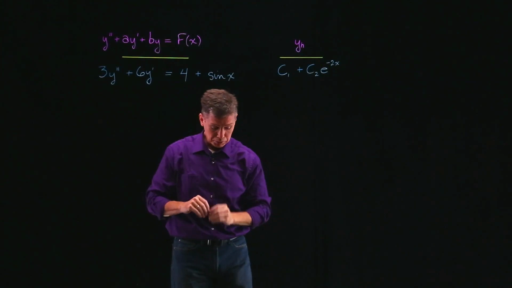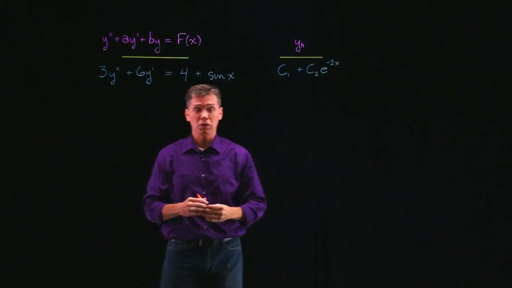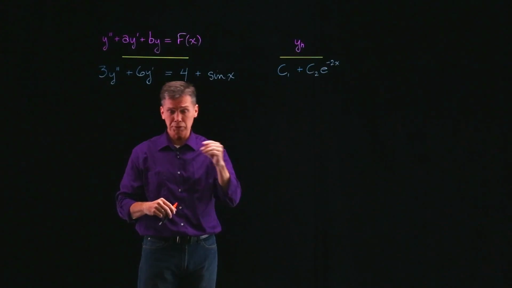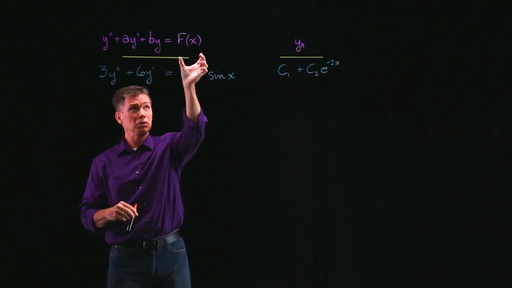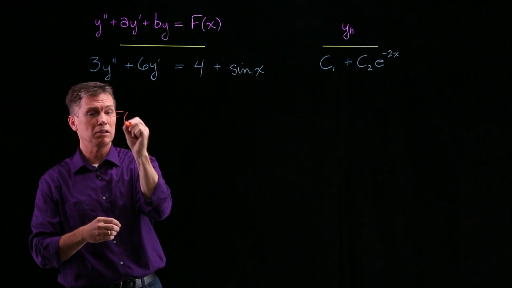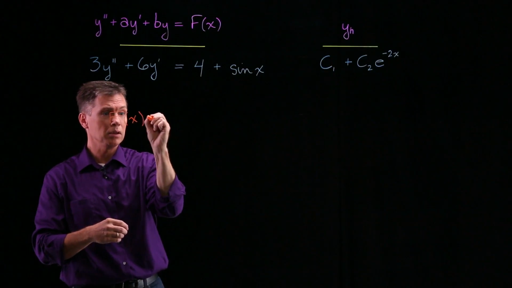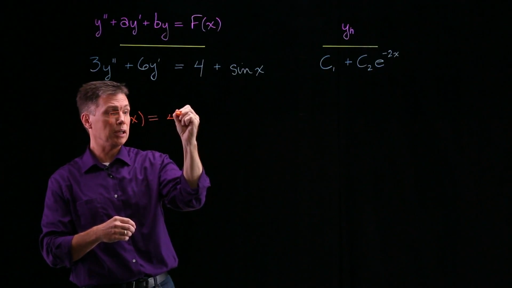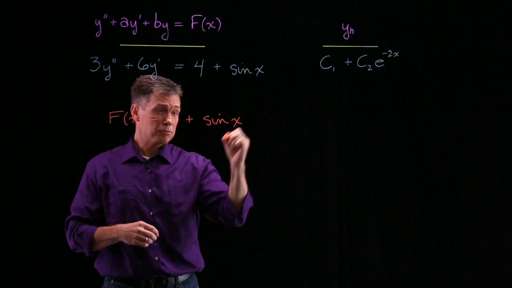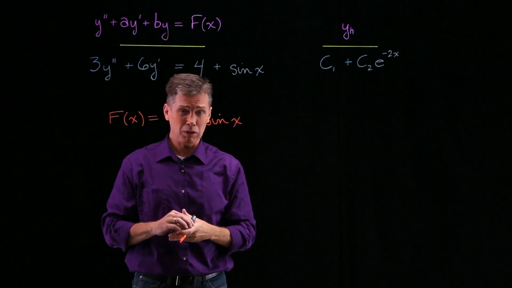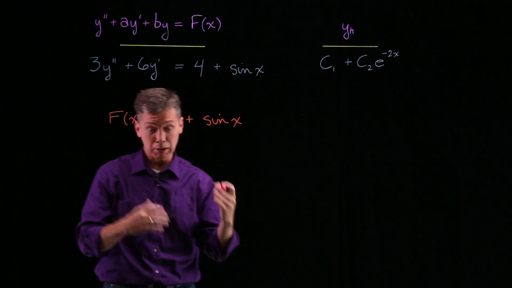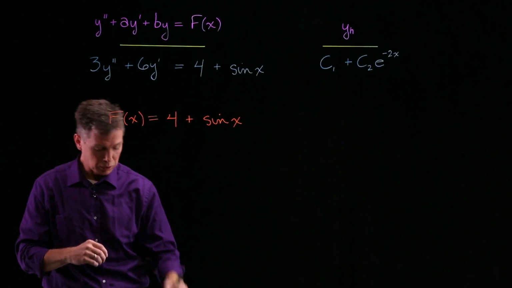Okay, so here's what we're going to do. In order to start with your y sub p, the particular solution to your differential equation, what you need to do is look at your capital F of x. So my capital F of x in this problem equals 4 plus sine of x. And then from that, you make an educated guess at what you think y sub p is going to be, so certainly not random.